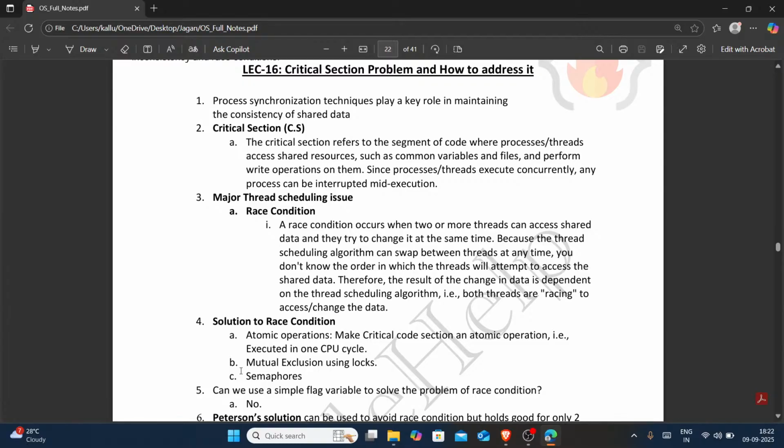Therefore, the result of the change in data is dependent on the thread scheduling algorithm. The result of the change in data depends on the thread scheduling algorithm. That means both threads are racing to access and change the data.